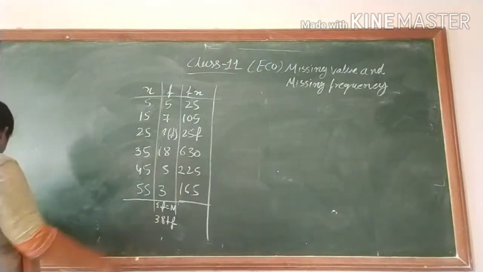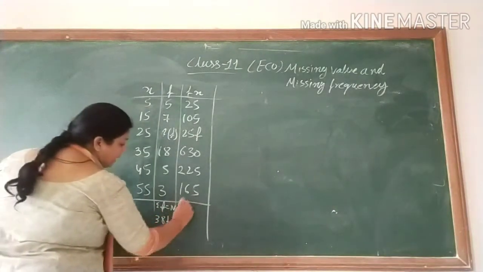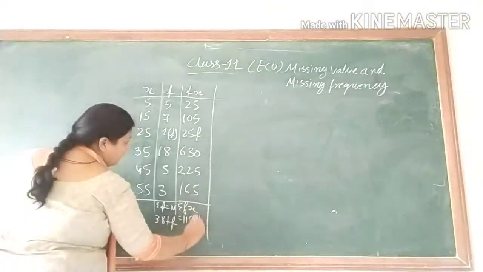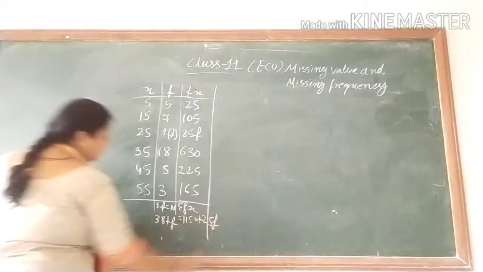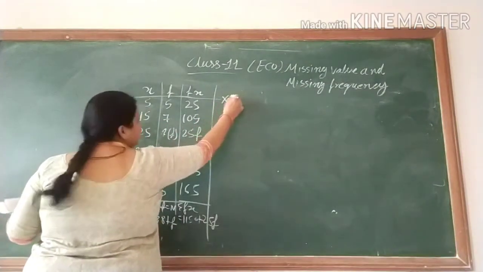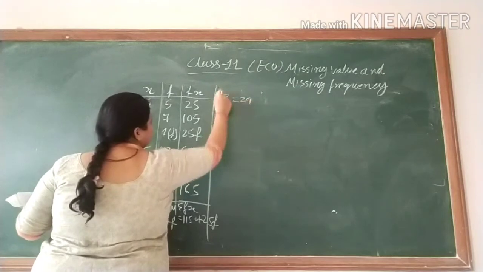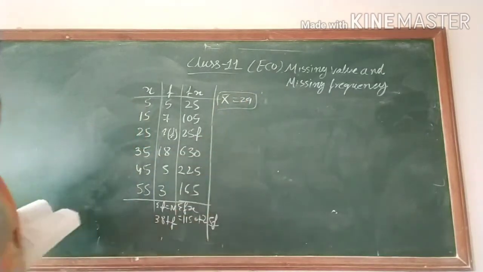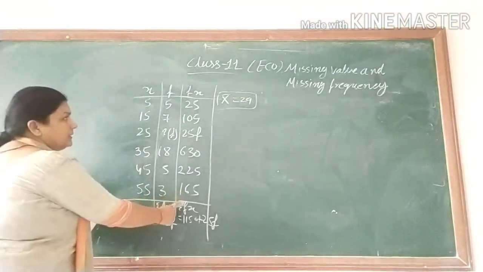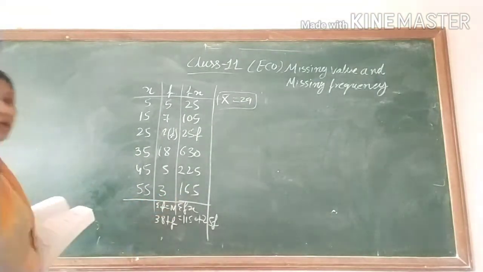Now total of these things. So that is sigma fx equal to 1150 plus 25f. And in this sum, your x bar is given to you 29. It is given already. Clear? This is your x, this is your f, that is the fx, and this is the sigma fx.